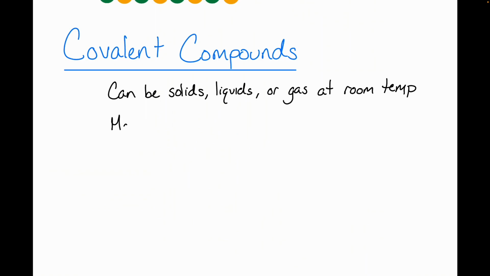As we've talked about, we call covalent compounds molecules. These are the individual units of covalently bound atoms.